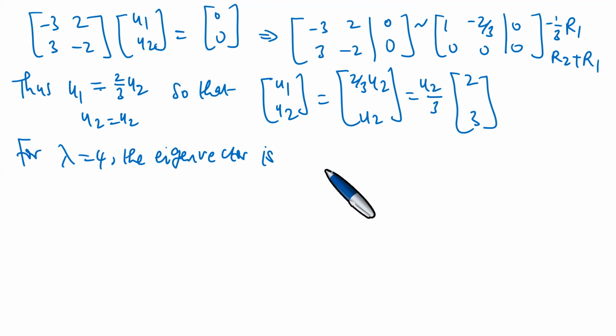Normally we give it the name big U, vector U. Call it vector U1, which is 2 and 3.